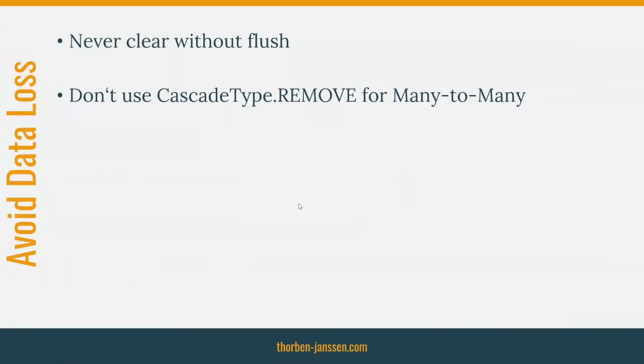Okay, so luckily there are not too many things you can do with Hibernate that actually cause you to lose data. But using a clear without a flush is unfortunately a recurrent candidate for data loss, and the same for cascade remove, especially on many-to-many associations, because there you usually don't have a typical parent-child association for which it makes sense to use cascading.